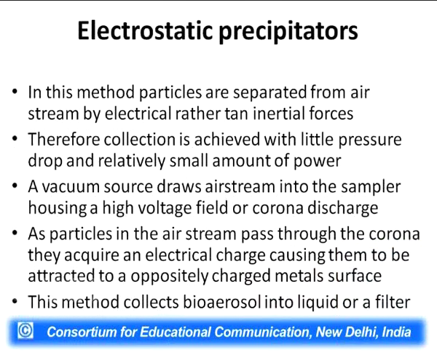Now, the next type of sampling technique is the electrostatic precipitator. It is a very important class of sampling technique. In this method, particles are separated from the air stream by electric rather than inertial forces, because so far we discussed inertia or non-inertia in this class of sampling.